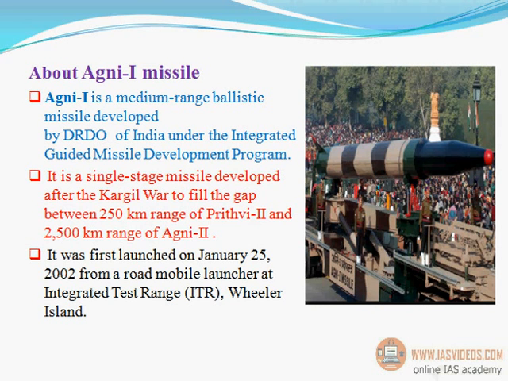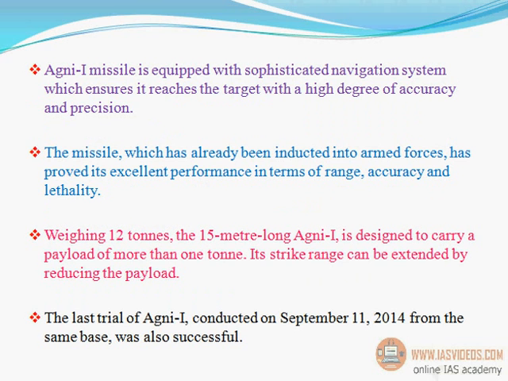It was first launched on January 25, 2002 from a road mobile launcher at Integrated Test Range (ITR), Wheeler Island. Agni-I missile is equipped with a sophisticated navigation system which ensures it reaches the target with a high degree of accuracy and precision. The missile, which has already been inducted into the armed forces, has proved its excellent performance in terms of range, accuracy and lethality.